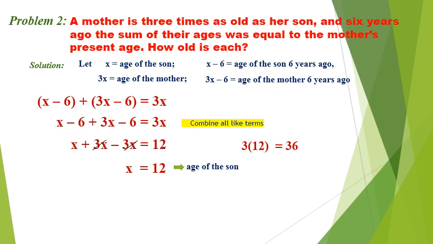And to find out the age of the mother, we will have to substitute 12 into the equation 3x. So it will now be 3 times 12 is equal to 36. And this is the age of the mother.